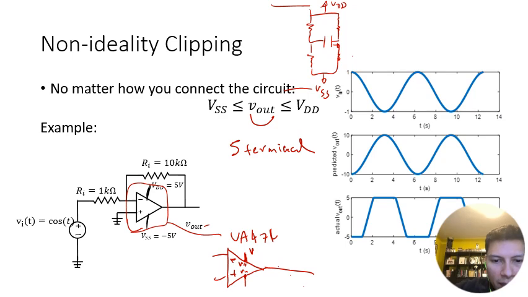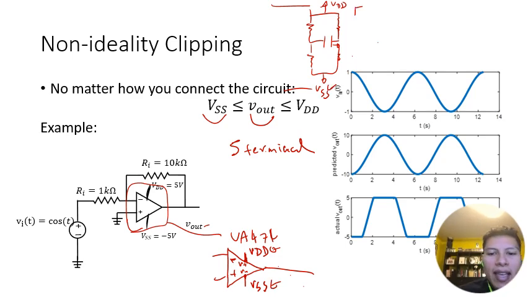So actually this V plus and V minus are your VDD and your VSS, or your DC biasing circuits. If you ever ask for a gain that exceeds these values of the biasing circuit, what you're going to get is clipping.